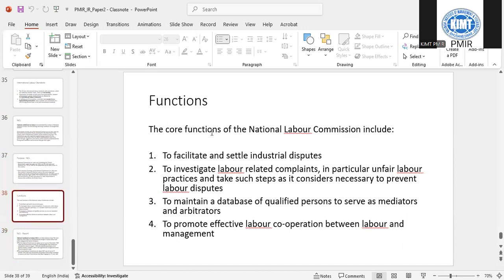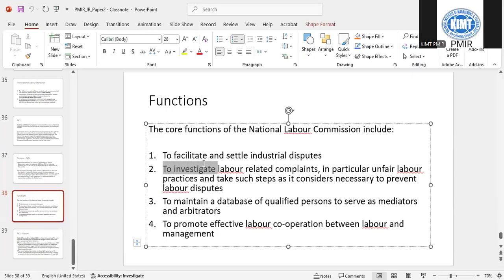These are the functions of the national commission. Industrial disputes, any dispute which they apply to resolve. Investigate labor-related complaints, and maintain a database of qualified persons to serve as mediator and arbitrator. I was telling yesterday who is a mediator, who is an arbitrator. This is an alternative dispute resolution mechanism.